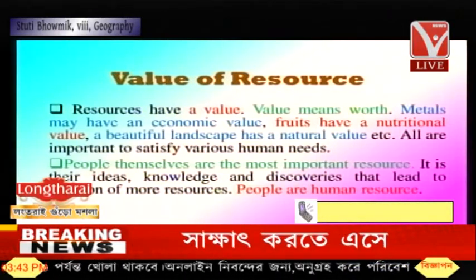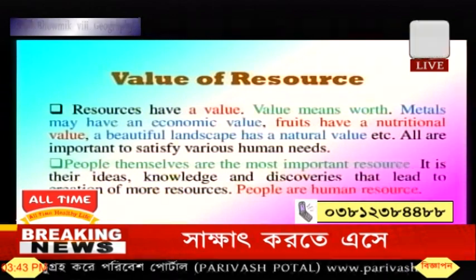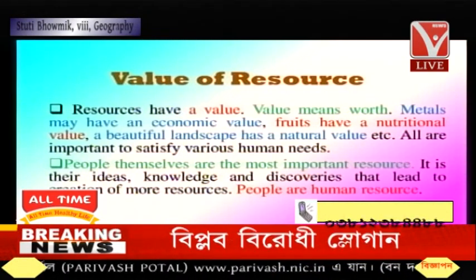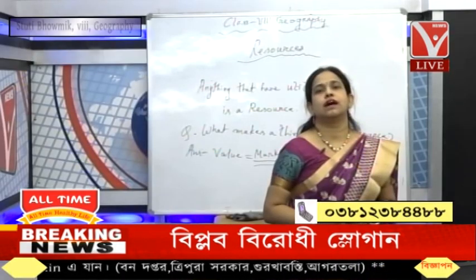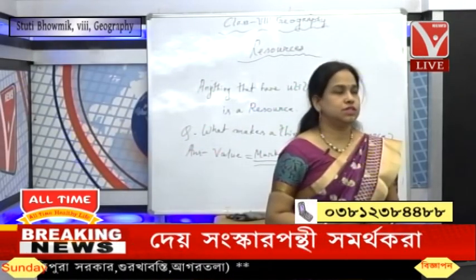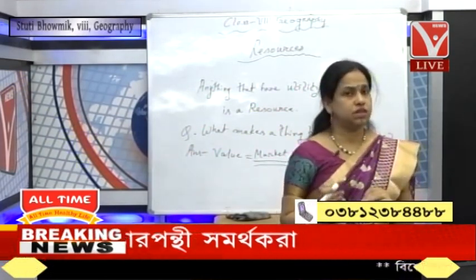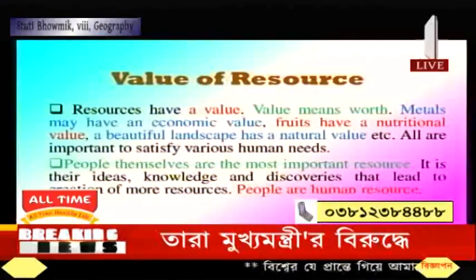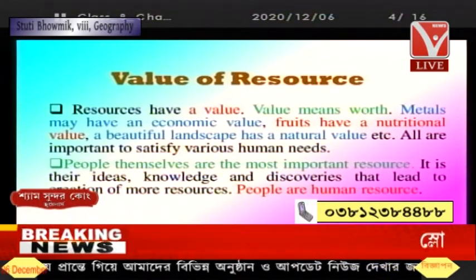So we can understand that resources are things having proper utility, proper demand and usability. All these things are involved in increasing the market value, or in calling a thing a resource. Anything that has utility is a resource.